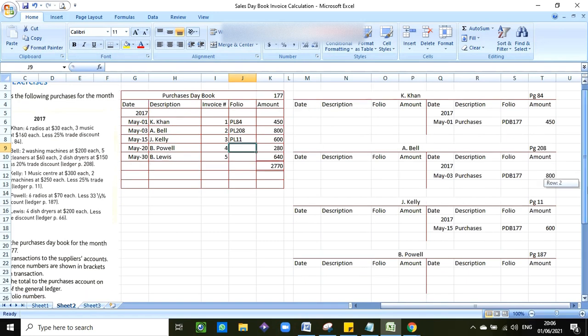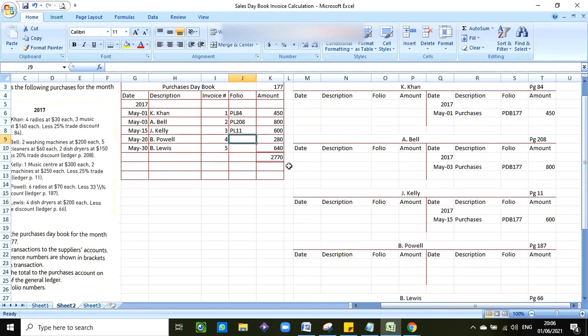The other two transactions. B Powell. Again, we increase the account on the credit side. May 20th. Purchases. Folio.